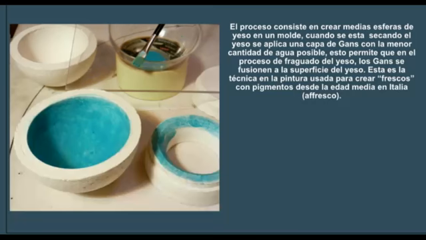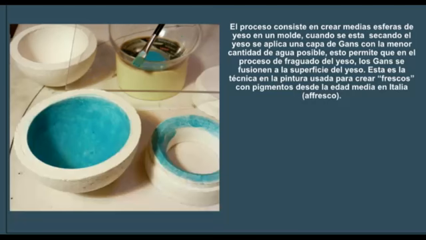Lo que pasa en este proceso es que, como en pintura, cualquier pigmento que se aplica a yeso mientras está secando, se hace parte de la superficie de la pieza.